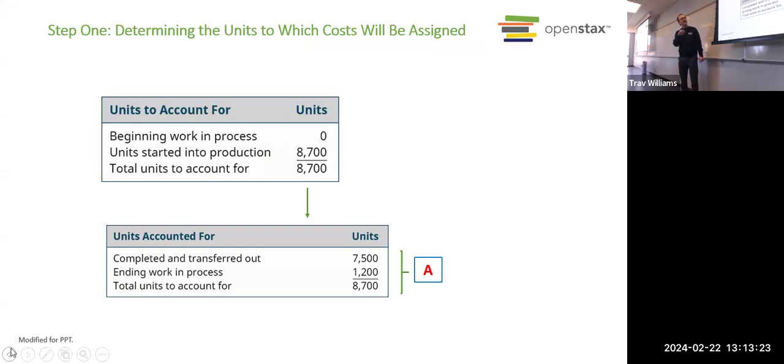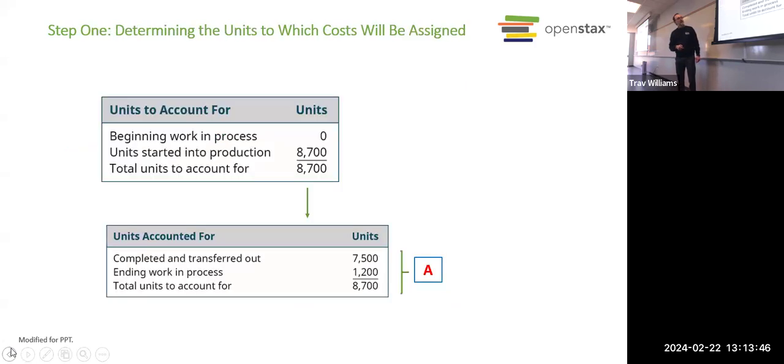One of them takes your beginning work in process inventory, adds how many units you started working on. The other one says how many units did you complete and how many are left over that are still in process. And both cases get you the same result. Those two ways of looking really at the same thing.